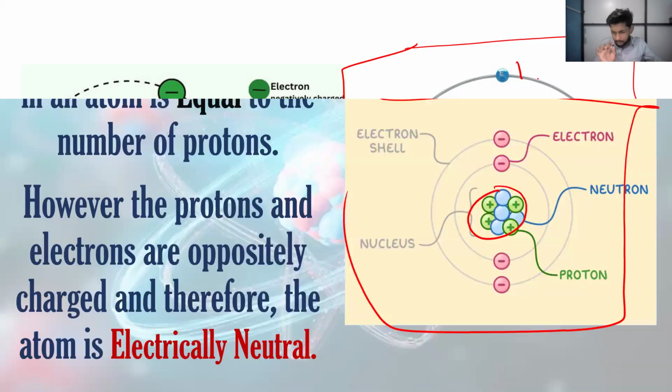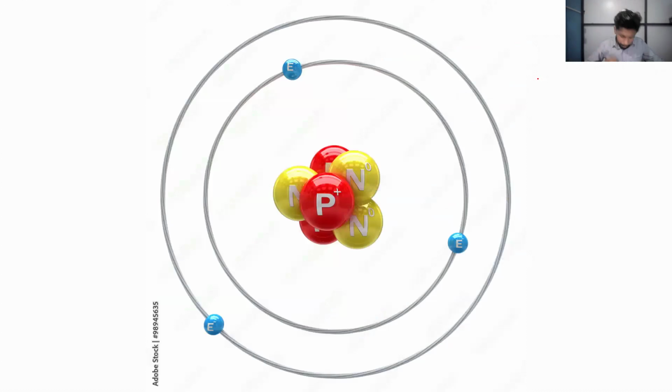Okay. Now just look at this picture. How many protons are there? How many red color balls are there? 3 protons, right? So 1, 2, and 3. So totally we have 3 plus charges.